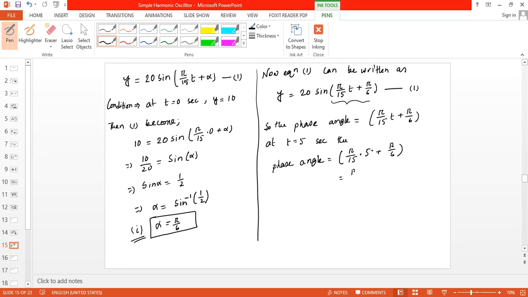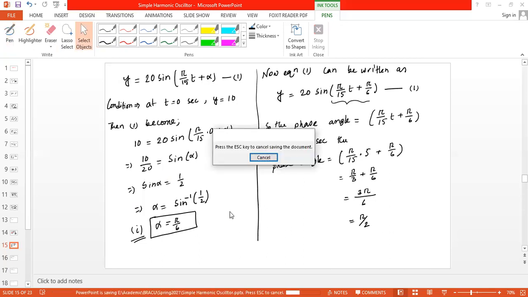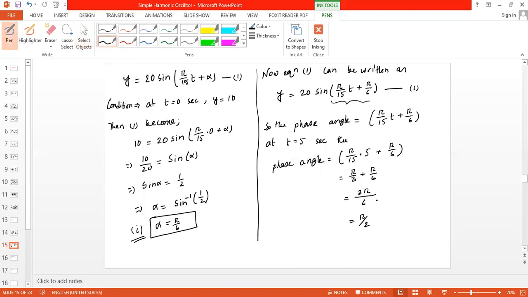So this is pi by 3 plus pi by 6, which is basically equal to pi by 6 plus 2 by 6 pi, right? That is equal to pi by 2. So the phase angle is pi by 2 when time t equal to 5 seconds. So that's the math. Is it clear? Let's move forward to the next math. So this is basically the solution.